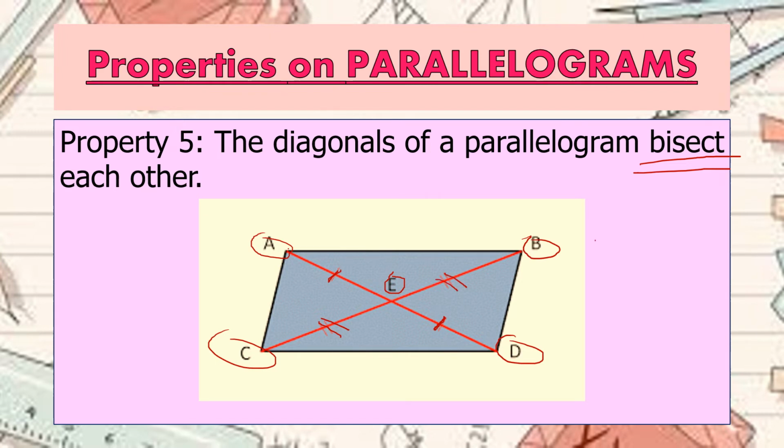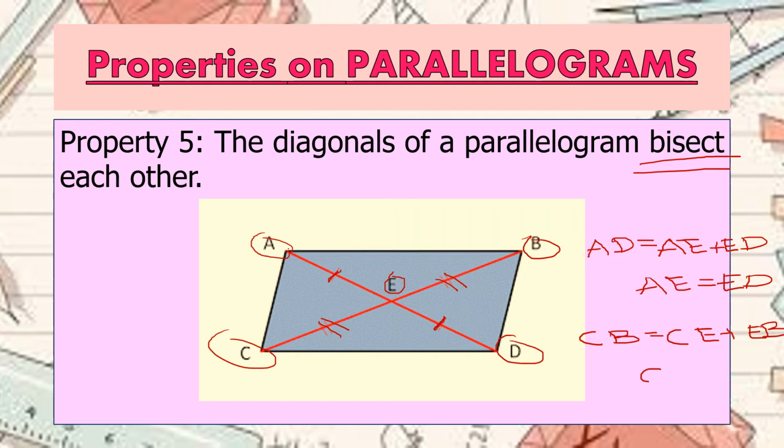Ibig sabihin, AD is equal to AE plus ED, wherein AE is equal to ED. Same goes with CB or BC. CB is equivalent to CE plus EB, wherein we have CE is equal to EB.